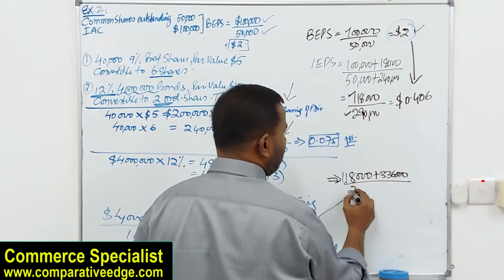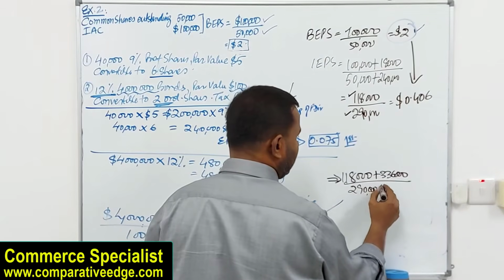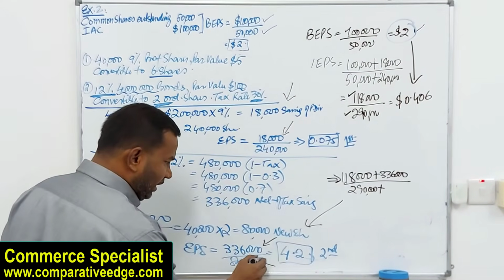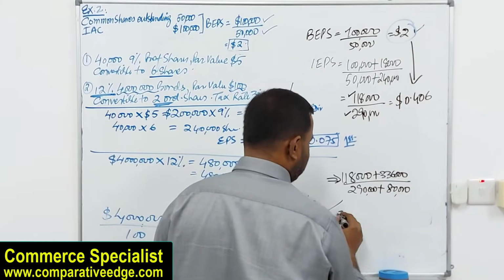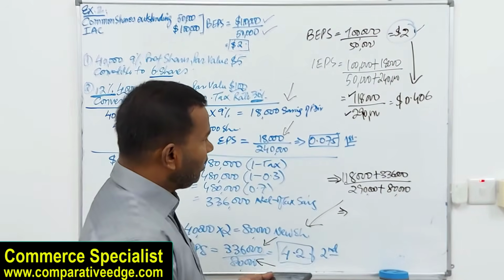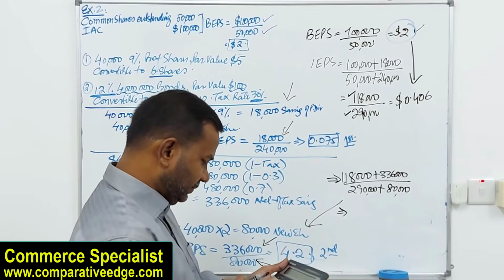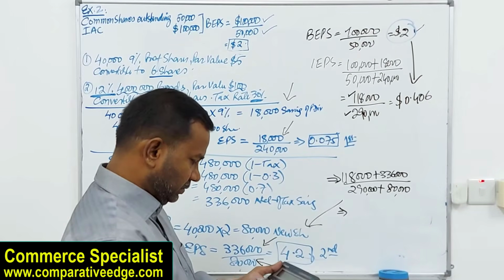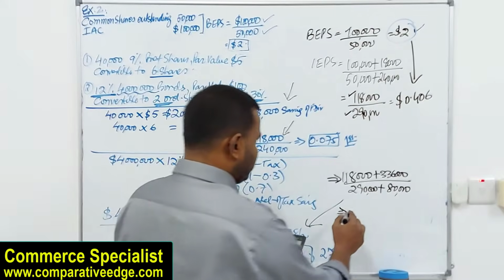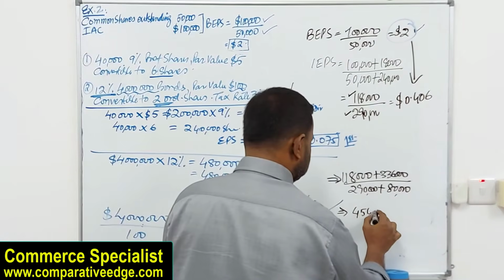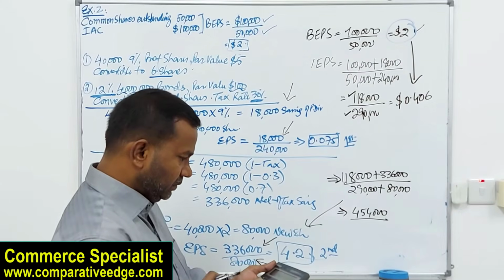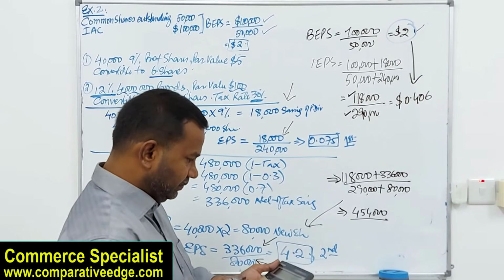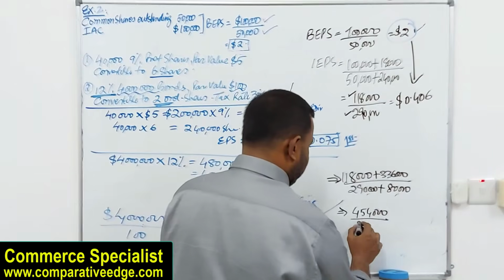Denominator, I already had 290,000 after preference shares being converted. Now I have another 80,000 shares after bonds being converted. So what does it look like? 118 plus 336, the numerator is 454,000. Denominator is 290,000 plus 80,000, you're getting 370,000.